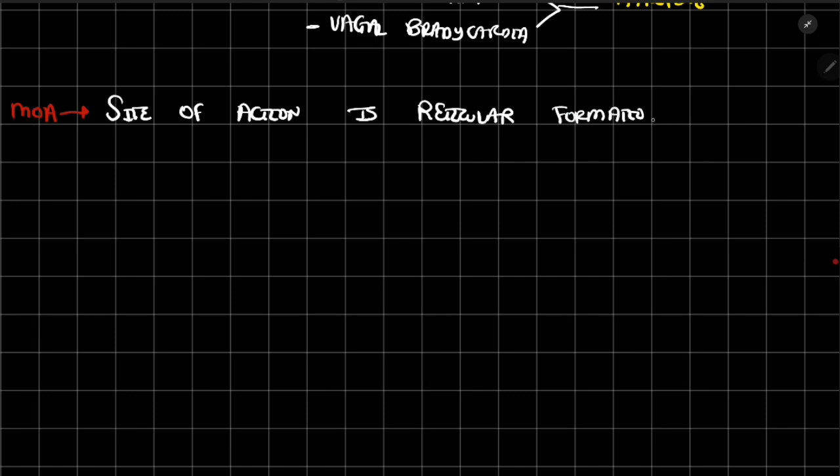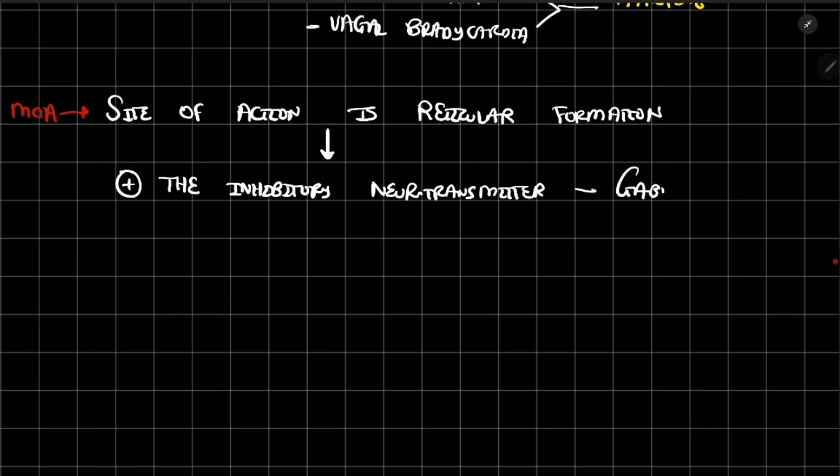And if you stimulate the reticular formation with these drugs, the general anesthetics, what will be the immediate effect? The effect basically is that it stimulates the inhibitory neurotransmitter, for example GABA, and it inhibits the excitatory neurotransmitter.